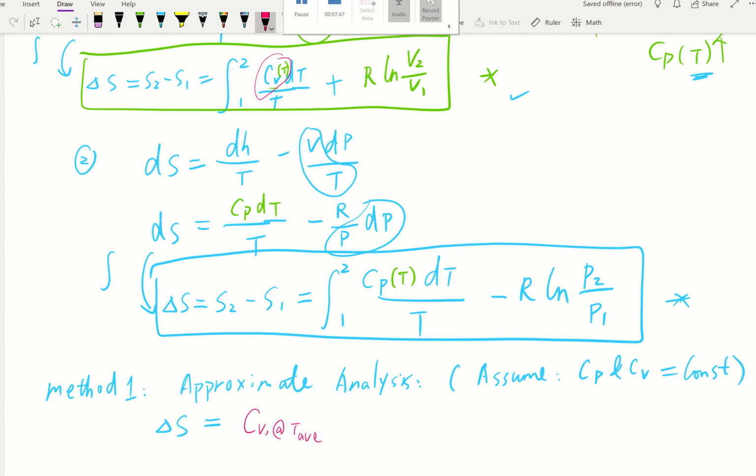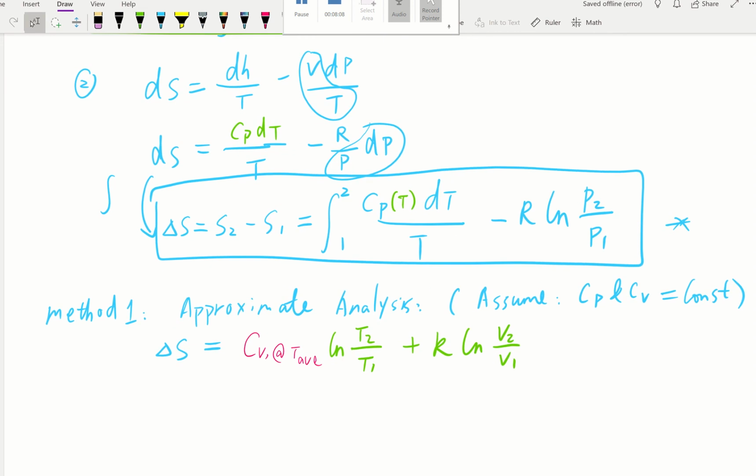Then what's the integration? Once this is taken out of the integral, we'll have 1 over T. That'll be natural log T again, so it will be natural log of T2 over T1. Then the rest, we'll just copy down: R natural log V2 over V1.